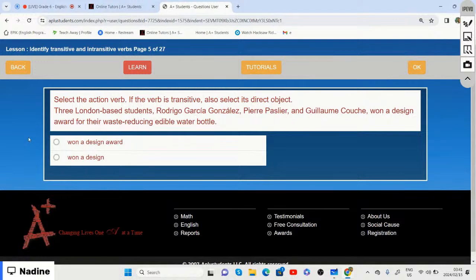We need to select the action verb. And if the verb is transitive, then also select the direct object.